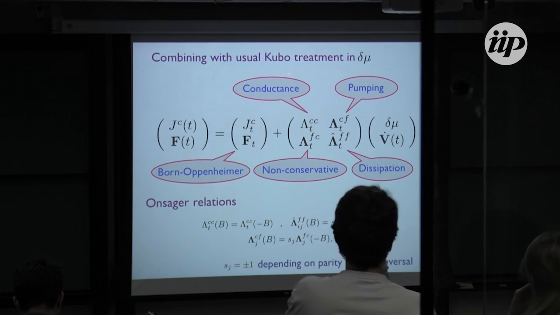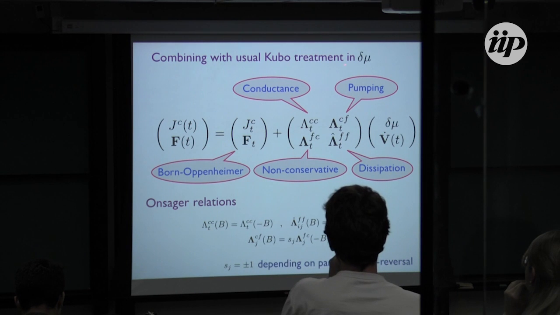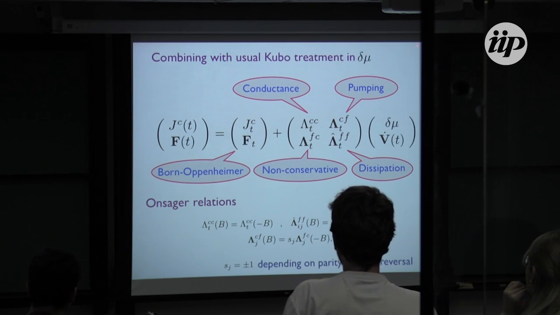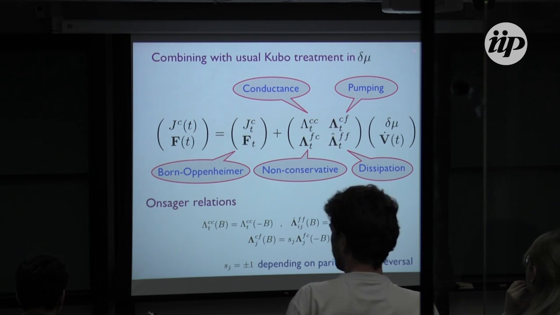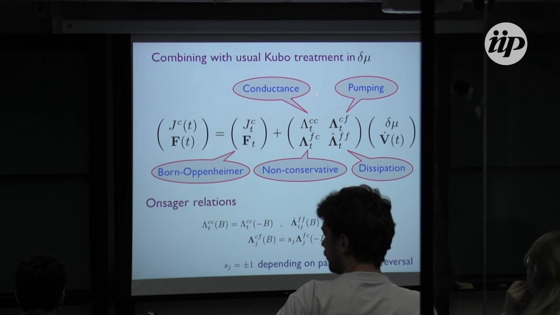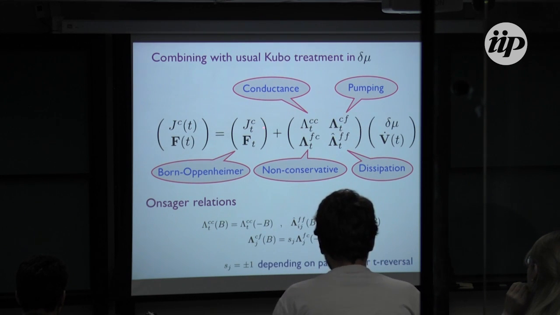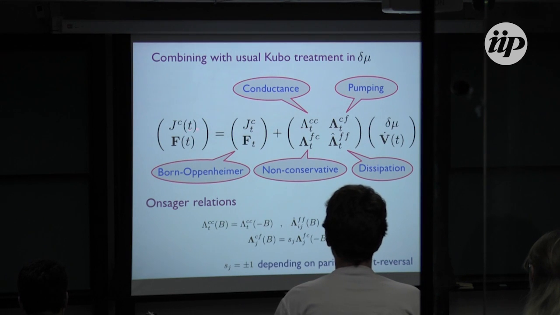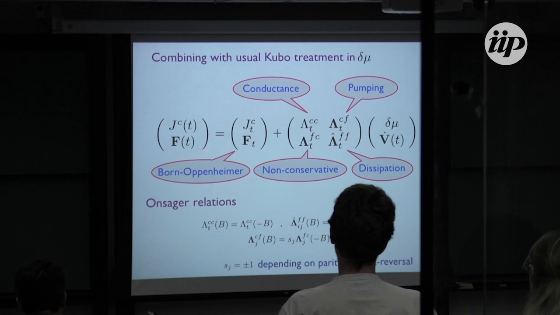Now, if we add the effect of delta mu, and we can do it as usual in linear response, for instance using a Kubo treatment, and we put the two effects together, the effect of delta mu and v dot, we are going to have the following relation for the charge flux and for the forces at the time t.